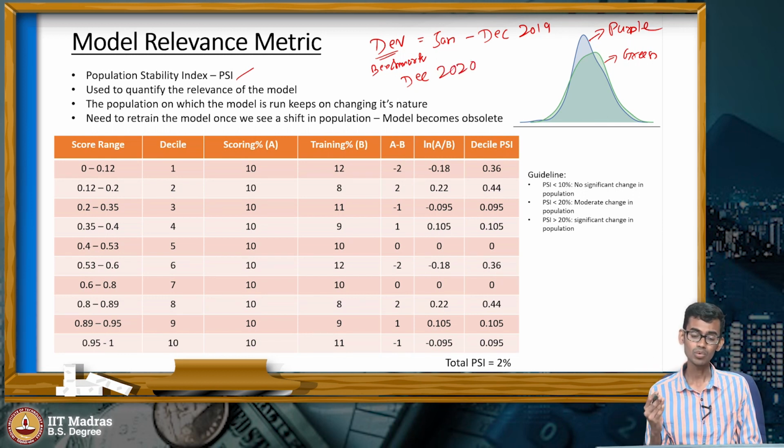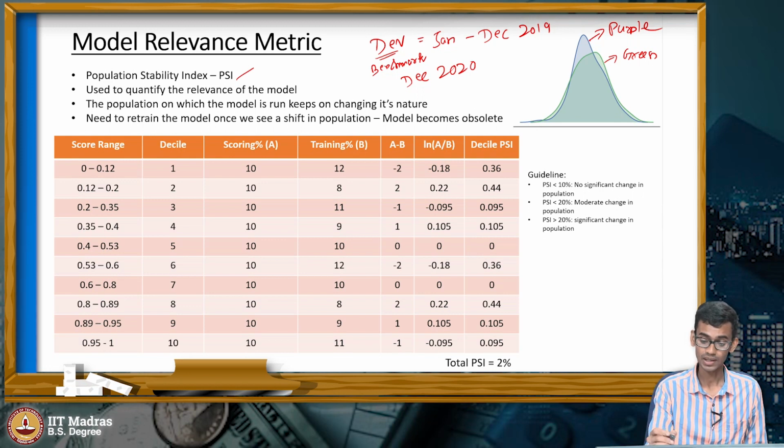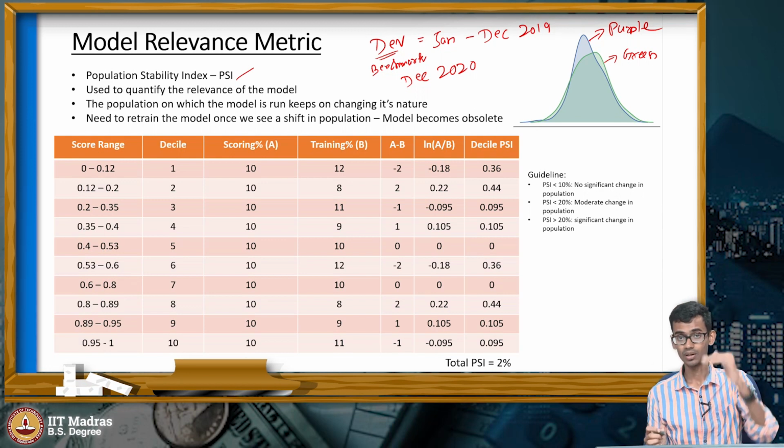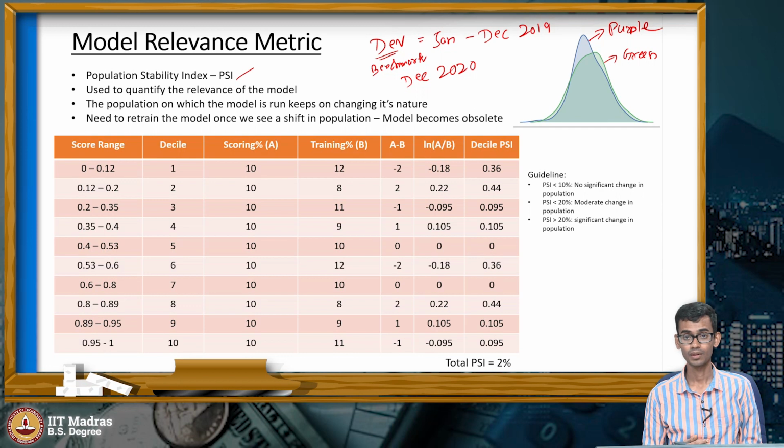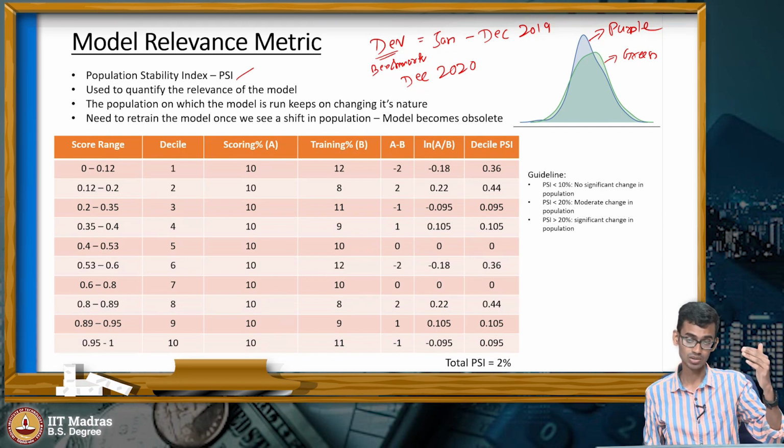Okay, so now you take the scores of the model for the data in your development and sort it in ascending order, starting from the lowest score to the highest score.